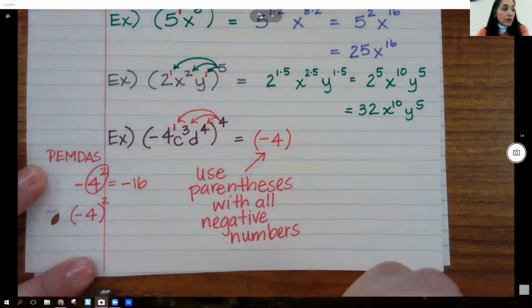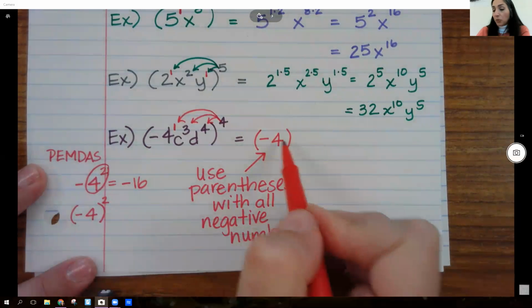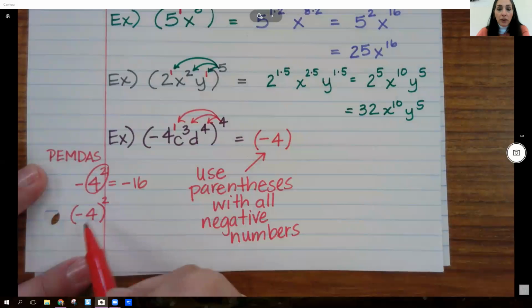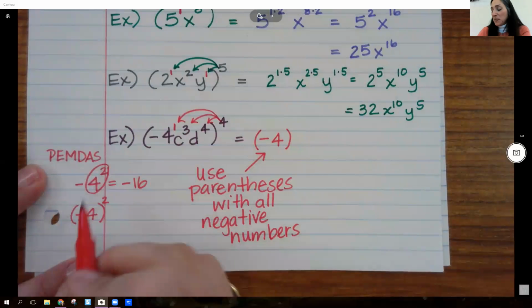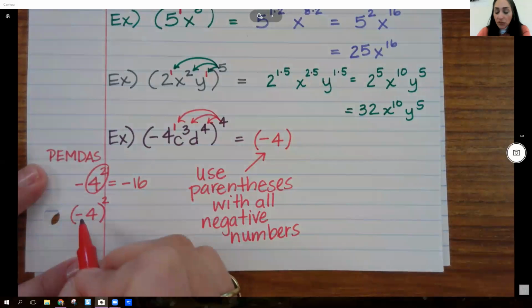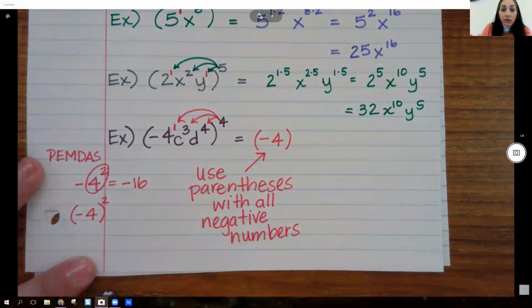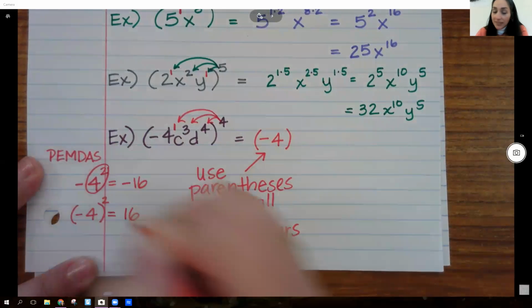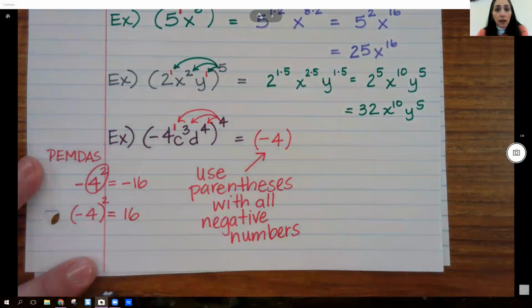I'm doing squared just to keep it easy. I know that this will not be raised to the second power when we get over here, but squared, I can do that one in my head. So you're gonna put parentheses around it, so it's like -4 times another -4. That's really what we want to happen here. So the answer will become +16, okay?